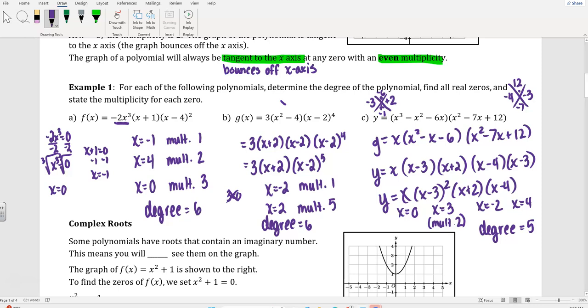Okay, so this is all for real roots. But sometimes we have roots that are not real, which sounds insane, right? It's like, why did somebody come up with this? Whenever, I can't remember which mathematician, I read about this recently actually. Can't remember which mathematician it was that decided we were going to call the square root of negative 1 an imaginary number.